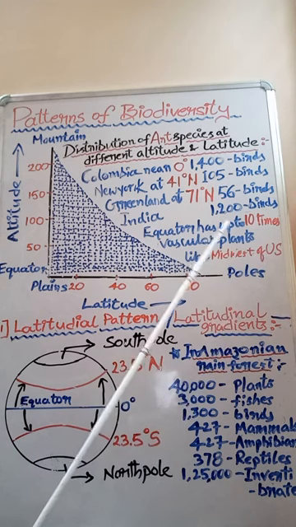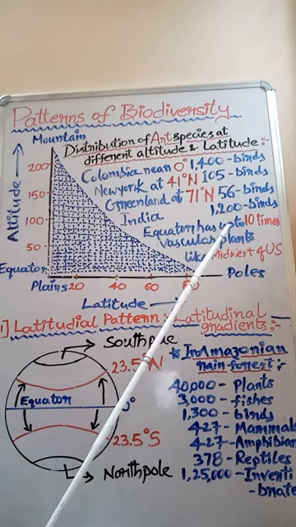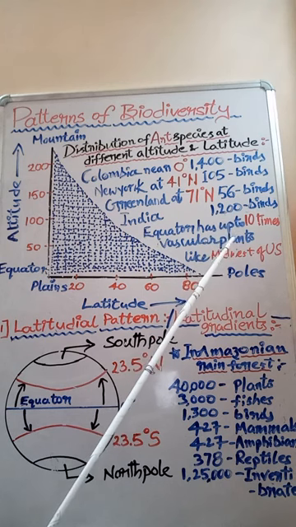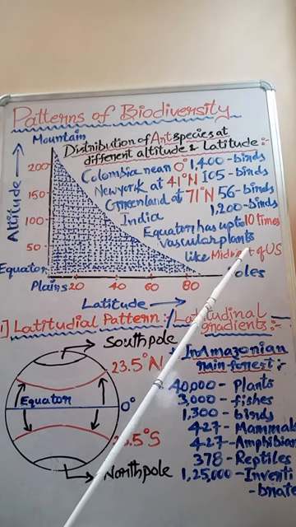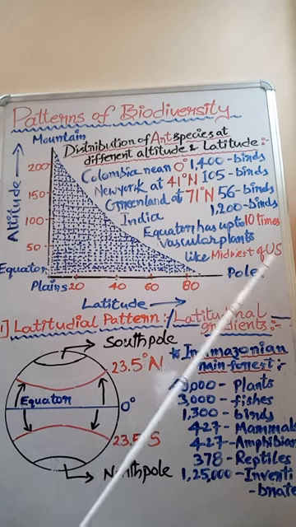So this is a very interesting point. The equator has up to 10 times as many species of vascular plants as a forest of equal area in a temperate region like the Midwest region of USA.